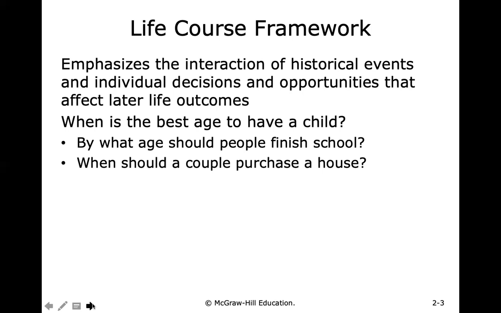So then what age do we expect to see somebody graduate from college? 22, 23 years old. And then what age do we expect to see them go into, if they are going into a master's program or a doctorate program? When should they be finishing school? This is all of these little pieces that we think about in this life course framework.